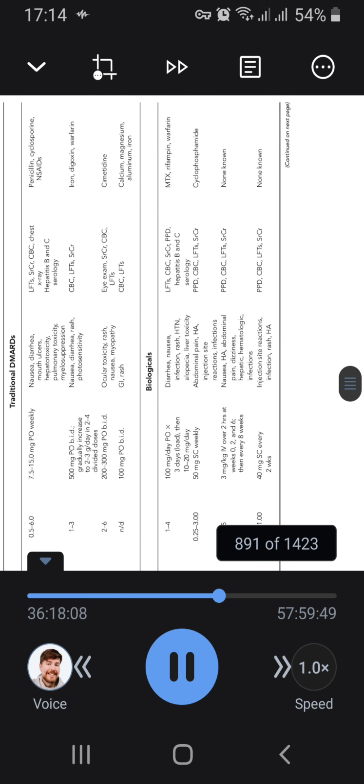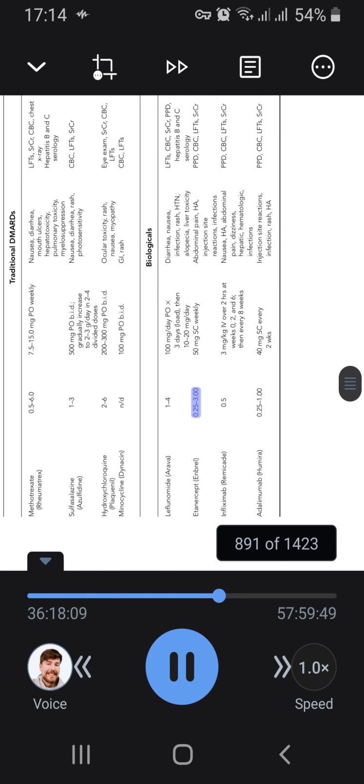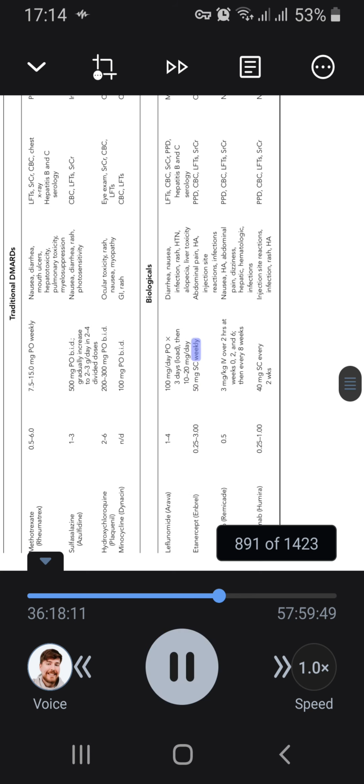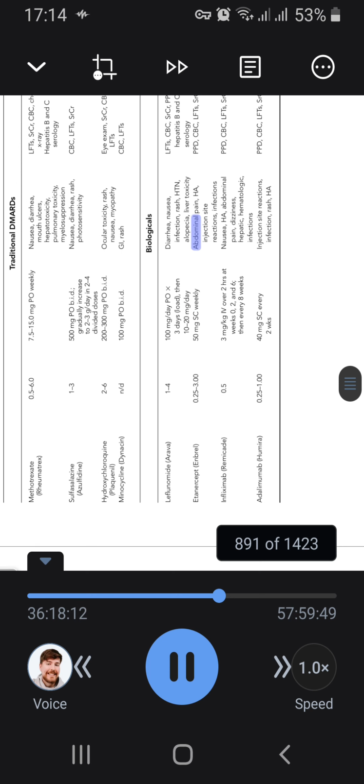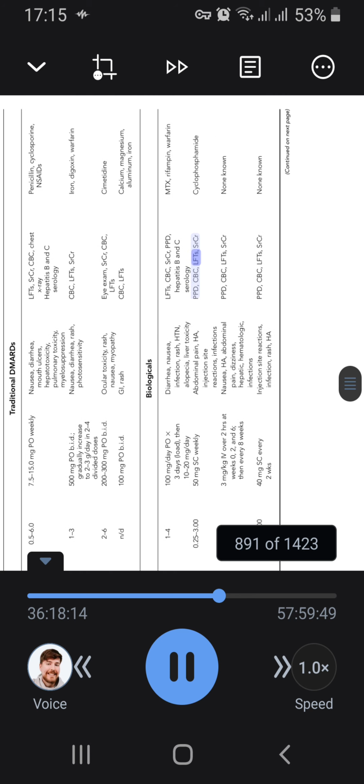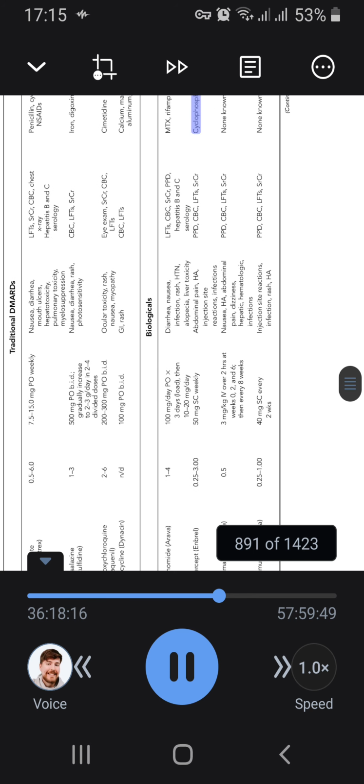Etanercept, Enbrel, 0.25 to 3 months, 50 mg subcutaneously weekly; abdominal pain, HA, injection site reactions, infections; PPD, CBC, LFTs, SCr; cyclophosphamide.